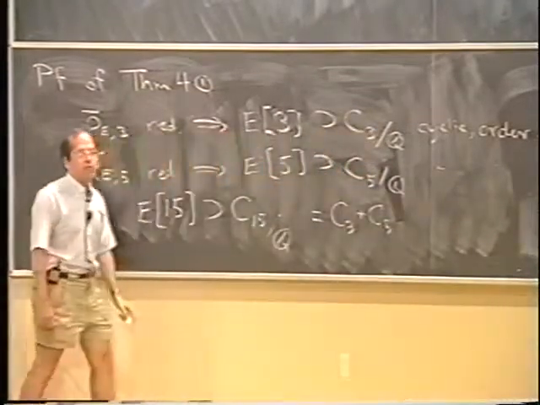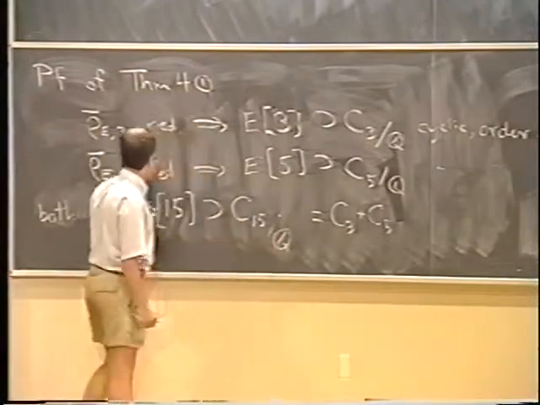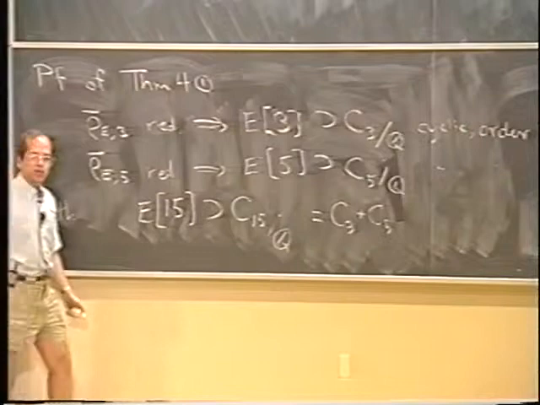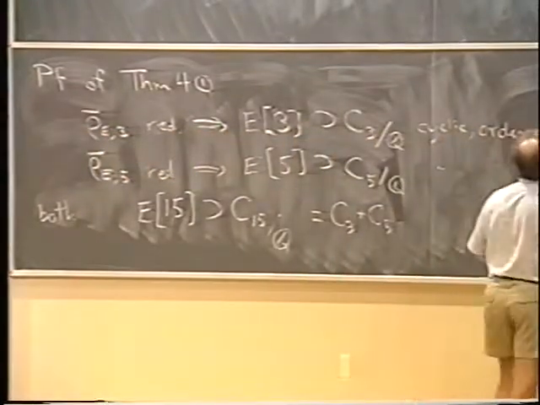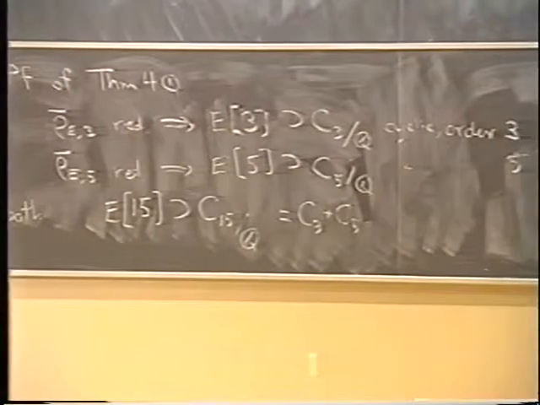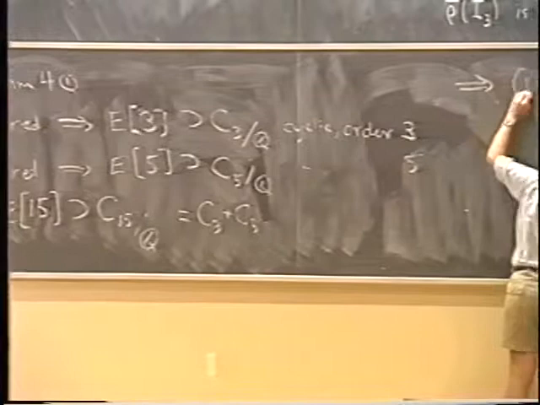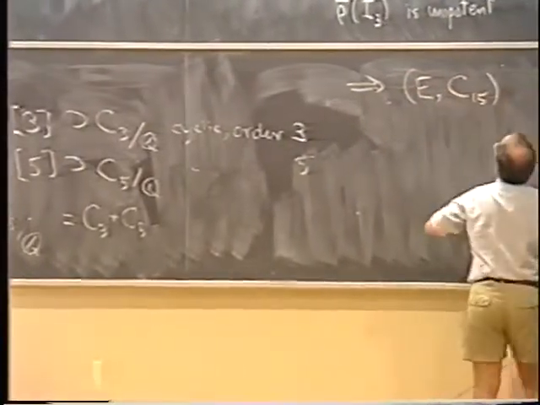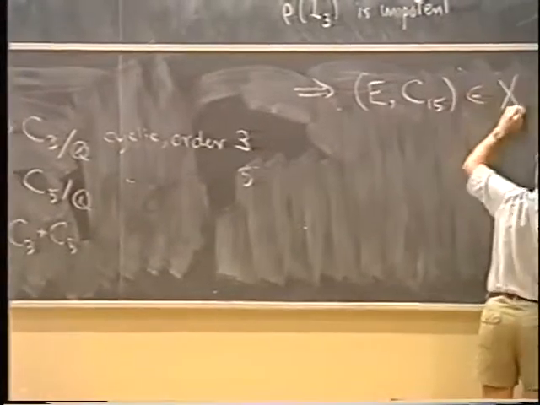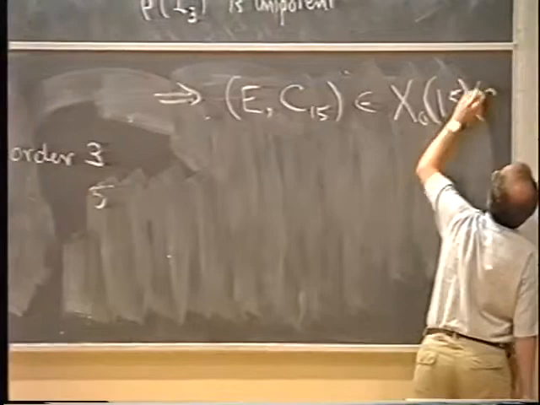So it's a cyclic subgroup of order 15, and since the subgroup and the curve are defined over Q, this would give us a rational point on the modular curve X0 of 15. So if it's reducible at both 3 and 5, then the elliptic curve E with the subgroup of order 15 we can think of as a rational point on the modular curve X0 of 15.